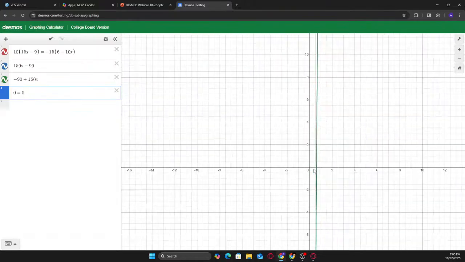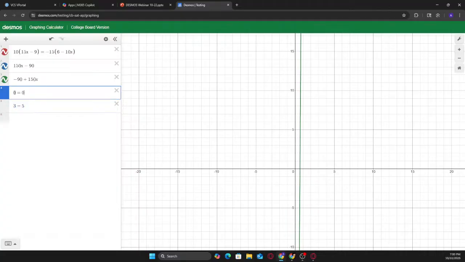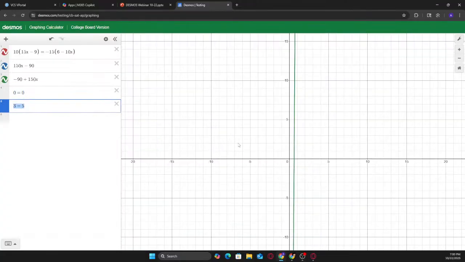Now that is not represented on Desmos. Don't know why. In some cases we can have that, or we can have two numbers that don't even match up, and it just ends up with Desmos not graphing it.